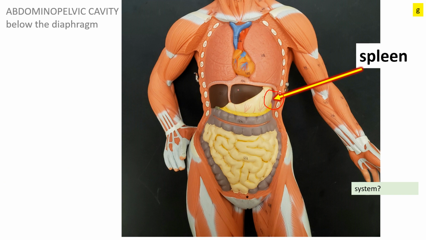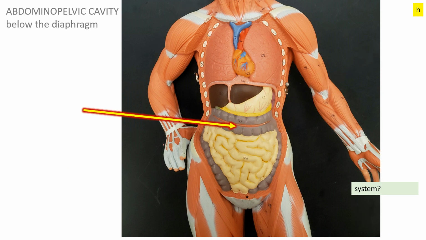It's actually the same color as the liver. But the spleen is going to be over there on the lateral side of the stomach. And if you want to put lymphatic or immune, I'm good with either one of those. It helps break down red blood cells, but it also is a source of white blood cells kind of hanging out, waiting for a pathogen to show up.